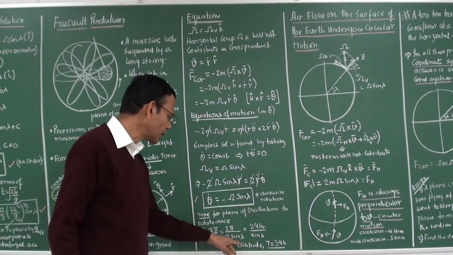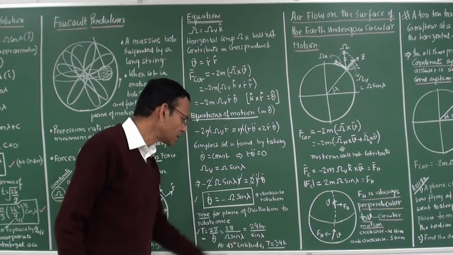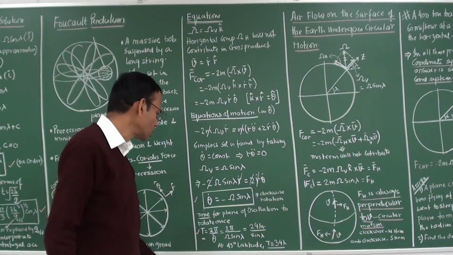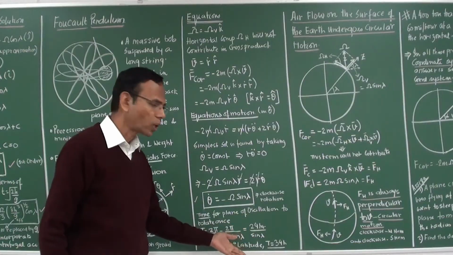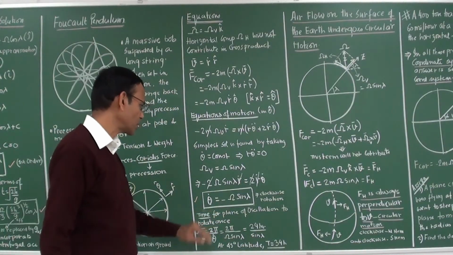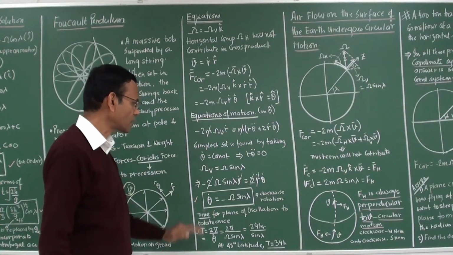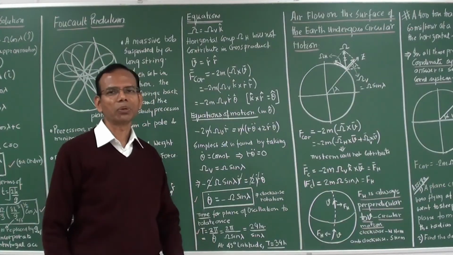At 45 degree latitude, T is about 34 hours. So find out for Jaipur what will be the time period. You can find that out from this expression. So this is a very interesting expression for the particular problem, that is your Foucault pendulum.